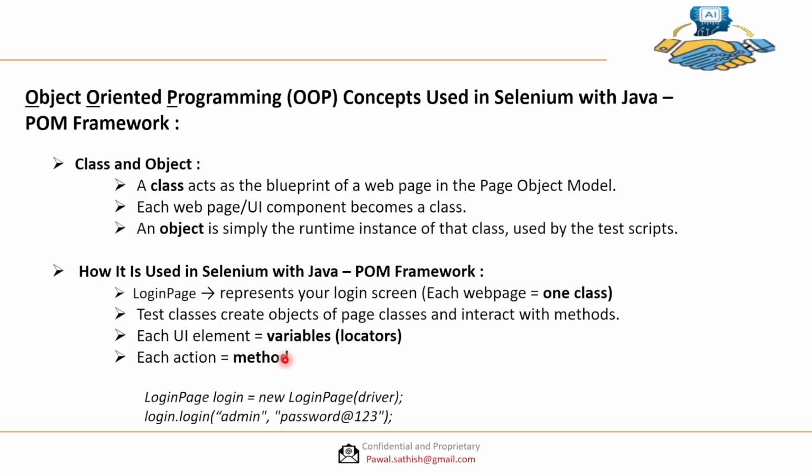On the login page, when the user enters a valid username and valid password and clicks on login, the welcome screen comes. Then the welcome screen is another class, whereas the login page is one class, and in the login page we are creating the methods. Here login is the object we have created for this login page screen, and login.login is the method we are calling using the login object, along with the parameters.